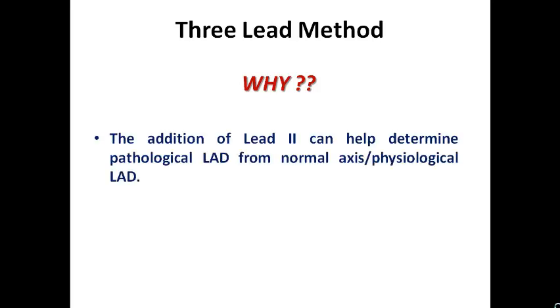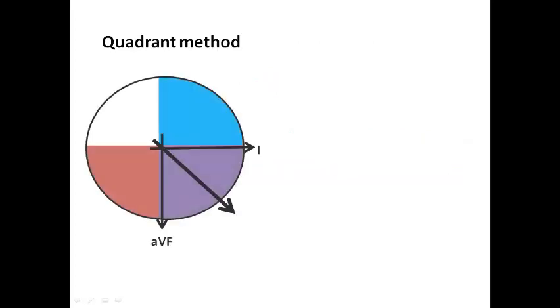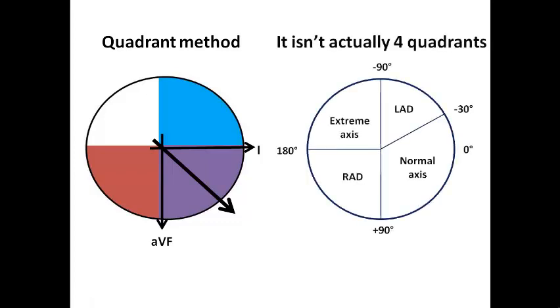The answer is simple: the addition of lead 2 can help to distinguish pathological left axis deviation from normal axis, or something called physiological left axis deviation. What does that mean? Let's see an example. For example, if I use the Quadrant method for a patient who has a positive complex in lead 1 and in lead AVF, we would know that it is a normal axis.